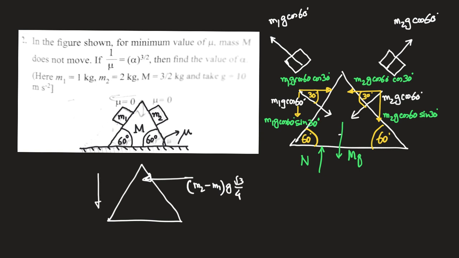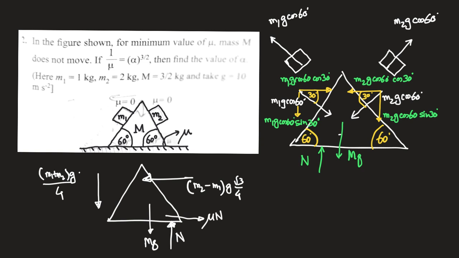And this force is (m1 plus m2) g cos 60 into sin 30, so that is 1/4, so by 4. Apart from this you have capital Mg, so this is normal reaction N, and this is friction mu N.